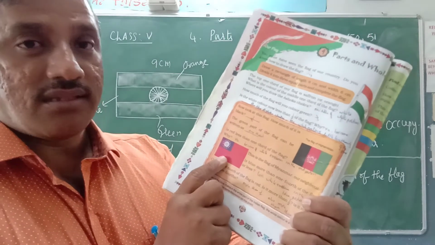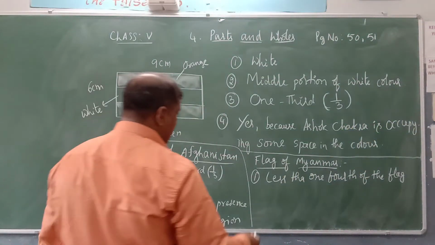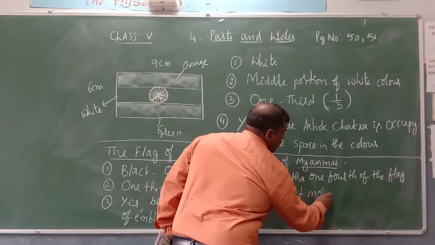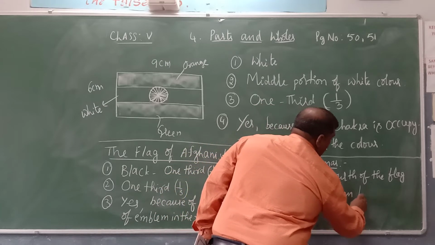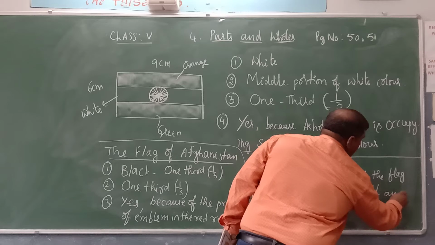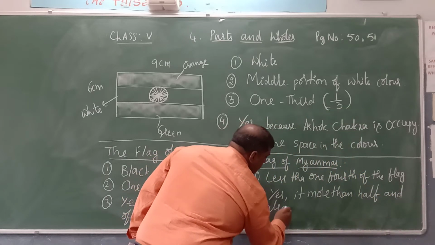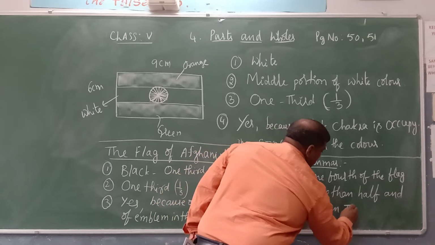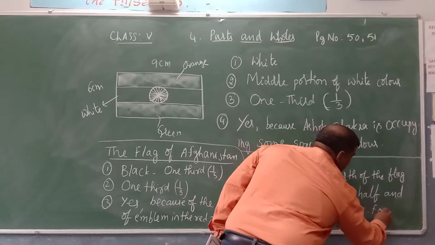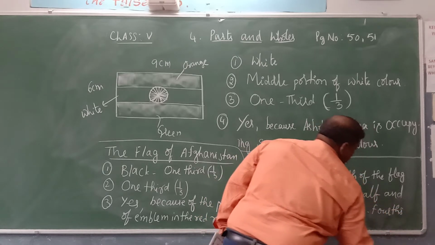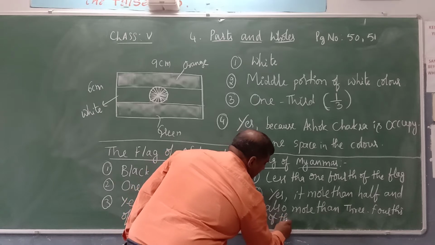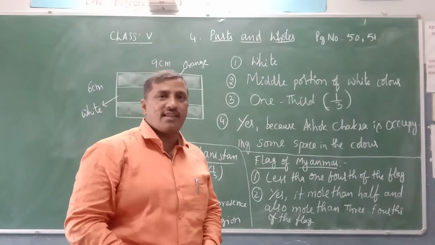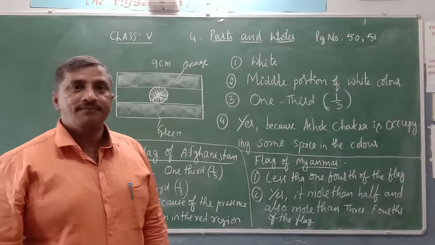You can write: it is more than half, and also more than 3/4 of the flag. So like this we will observe different countries' flags and we will answer the questions. Is it clear, children?